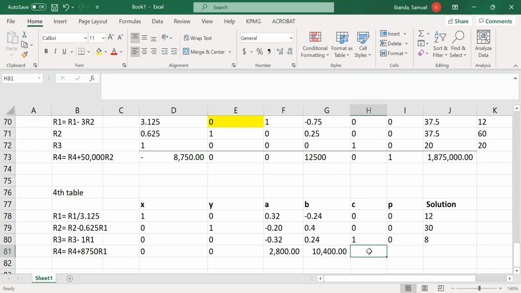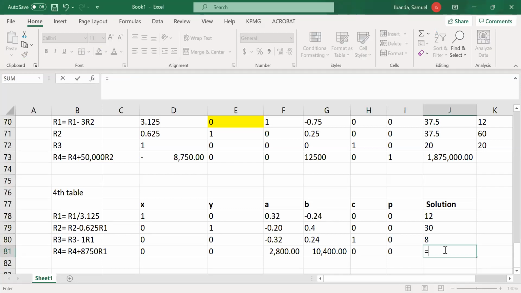Let's look at this. So this one, we have our R4 to be 0 plus 8750 times 0, which gives us a 0. This will also give us a 0 ideally. Let's try out this.